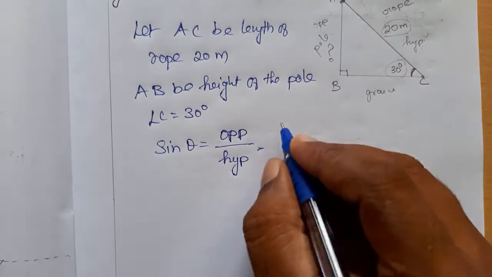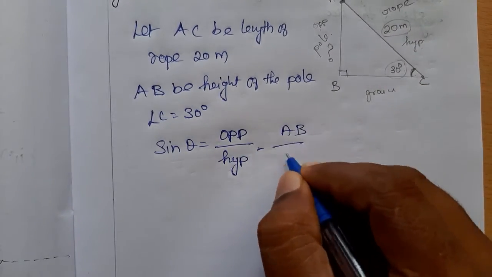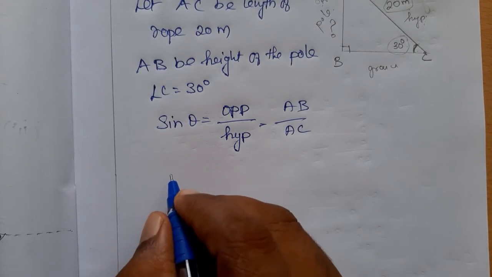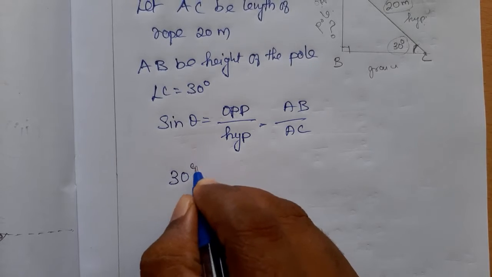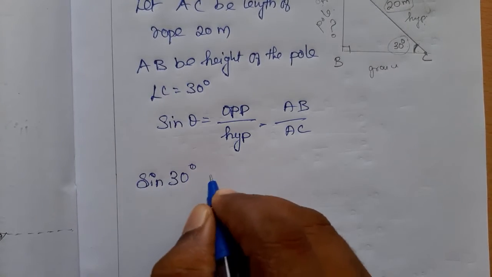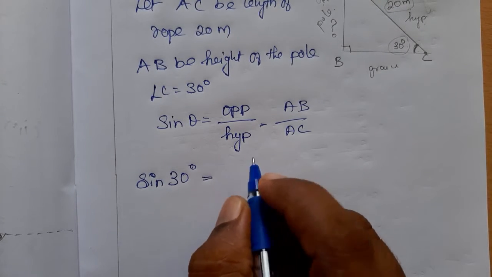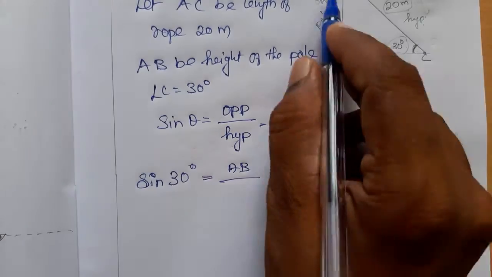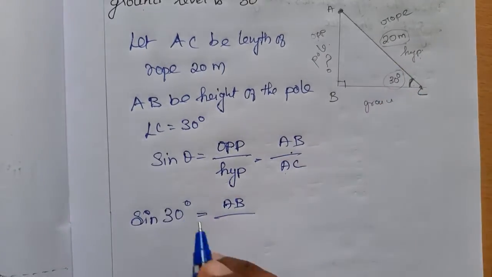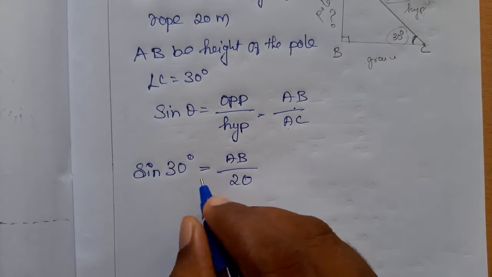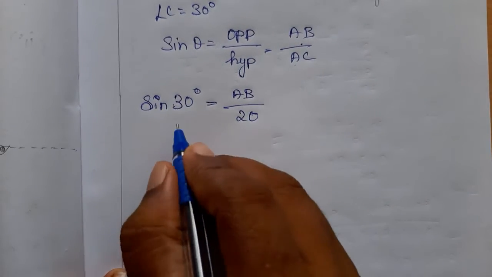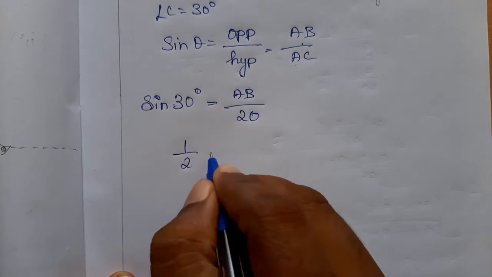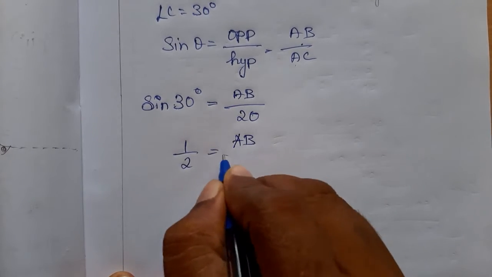Here the opposite is AB, so AB by AC. Here theta is 30 degrees, so sine 30 degrees is equal to AB, which we have to find, divided by AC, which we know is 20 meters. What is the sine value? Sine 30 is 1 by 2. So 1 by 2 is equal to AB by 20.